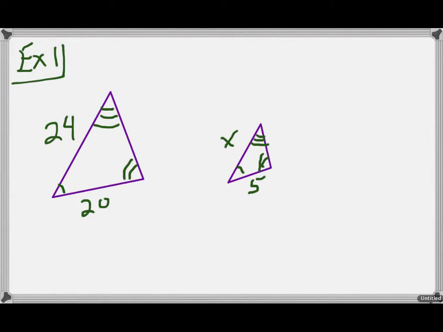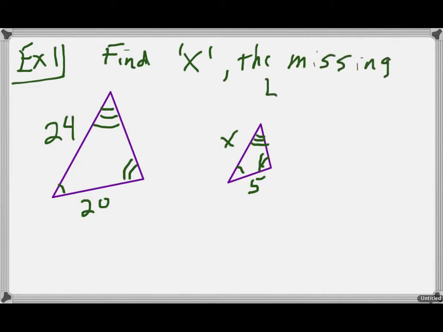And what they'll want you to do is be able to find x, the missing side length. Now, knowing that these triangles are proportional, we can easily set up a ratio of proportion. There's more than one way of setting this up.